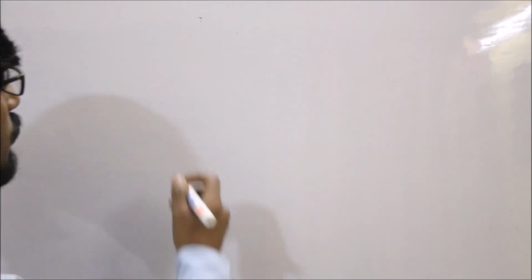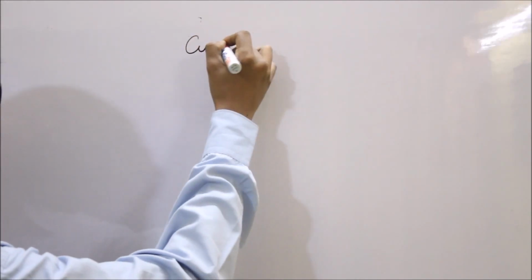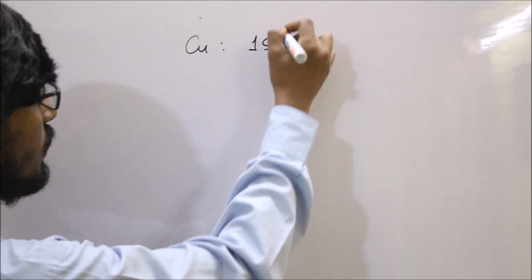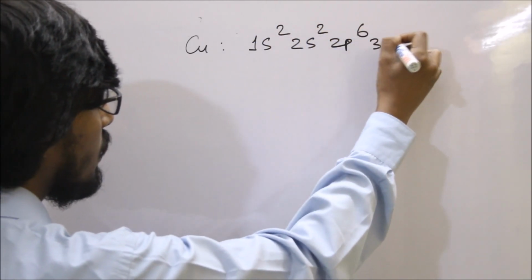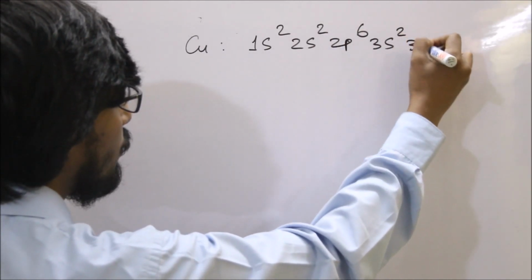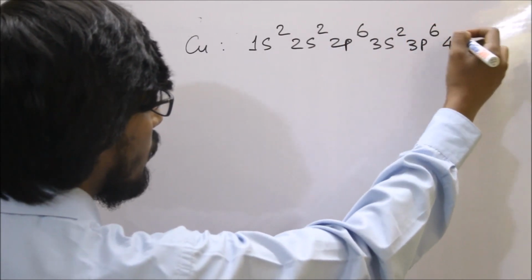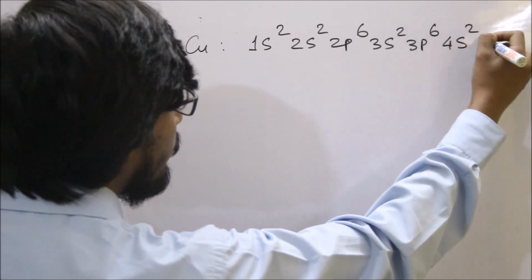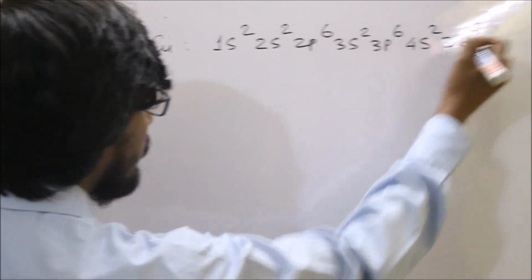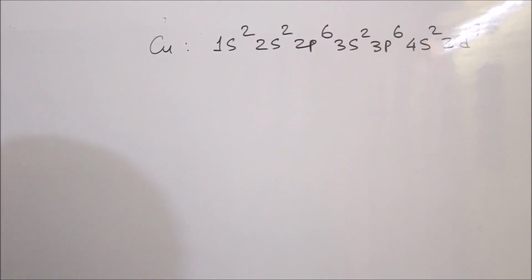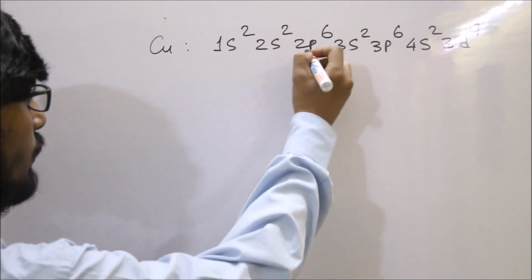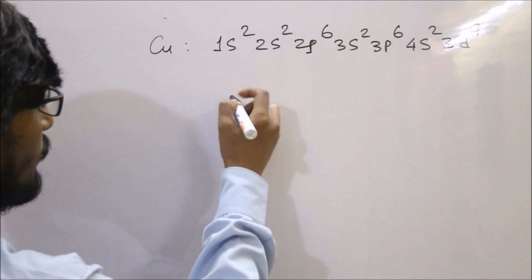Now in case of the copper atom, the electronic configuration is 1s2, 2s2, 2p6, 3s2, 3p6, 4s2, 3d9. This is our expected electronic configuration, but the original configuration will differ from this.